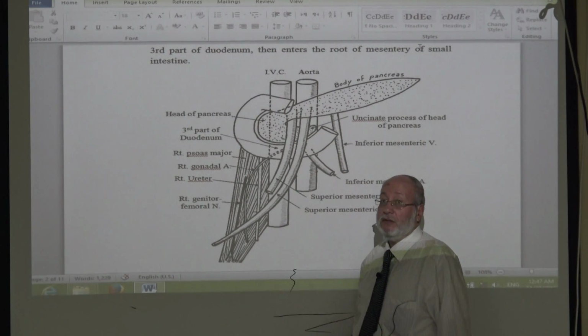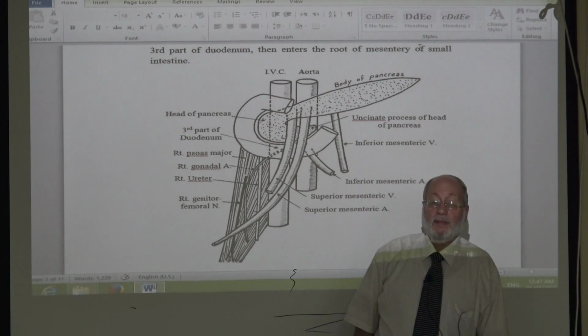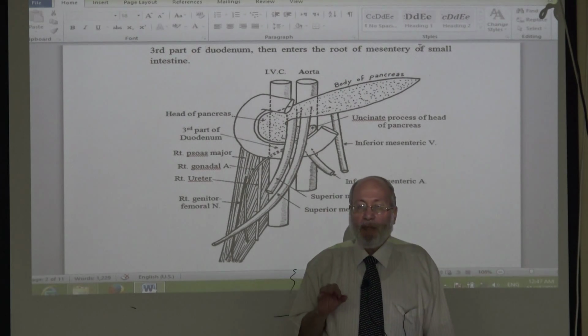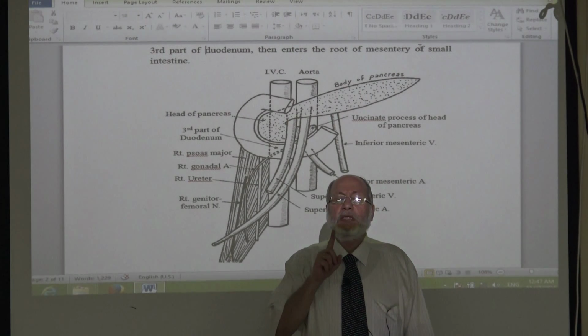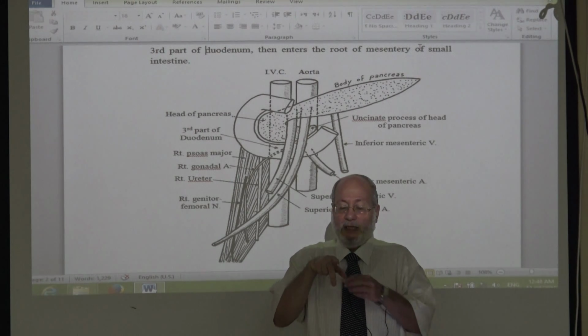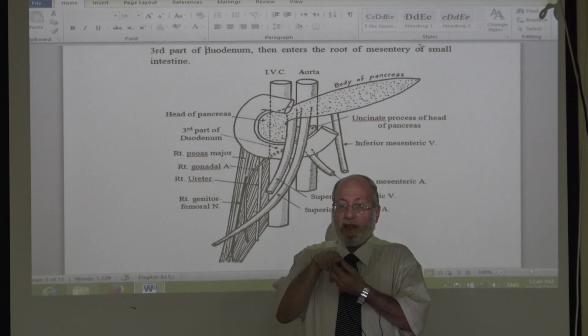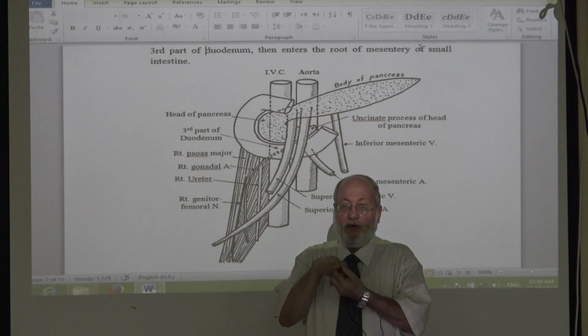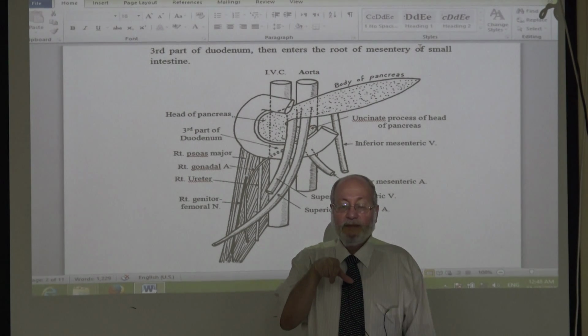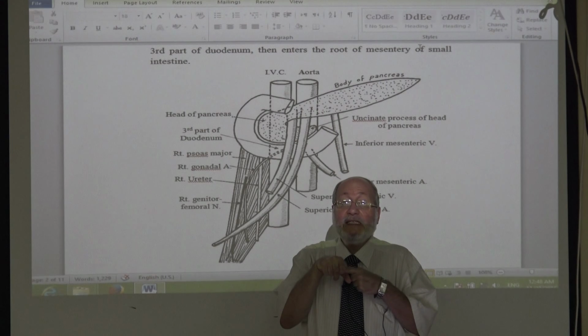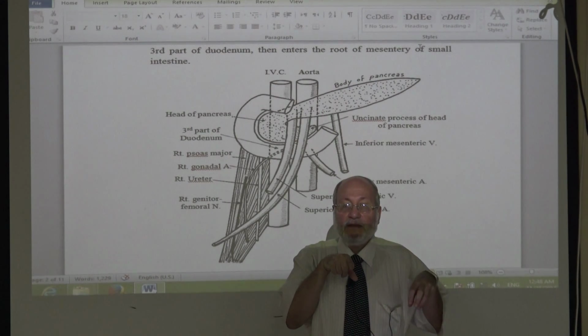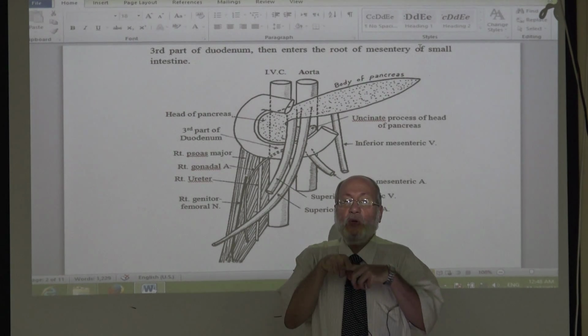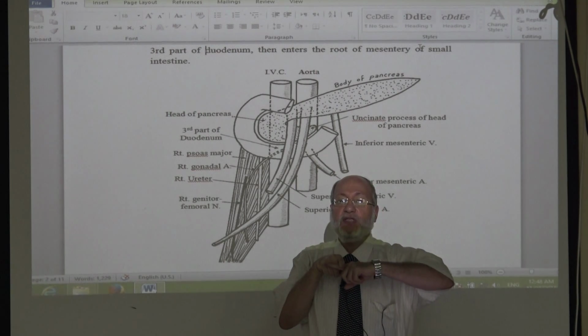Posterior to its origin, I want you to remember one important relation for this artery. If this is the aorta and the superior mesenteric artery passes forward and out like that, here there is a vein crossing from the left side to drain into the inferior vena cava on the right side.